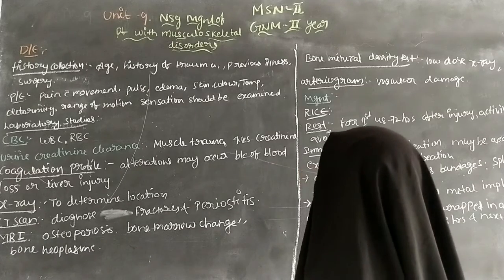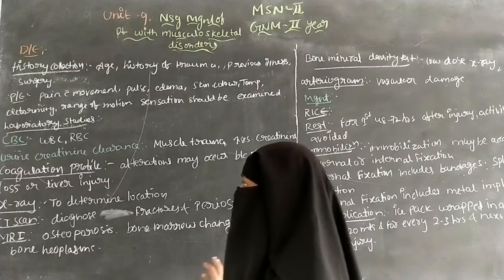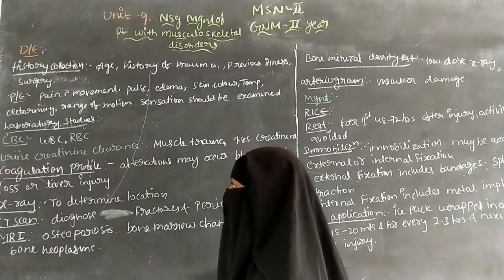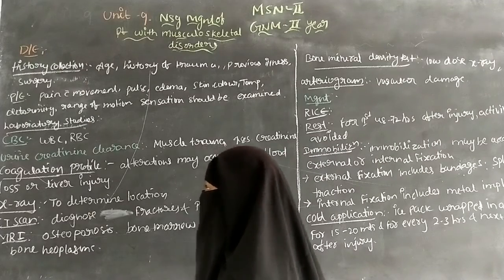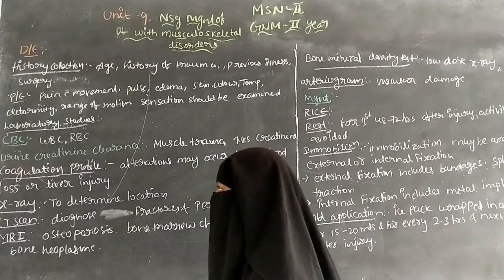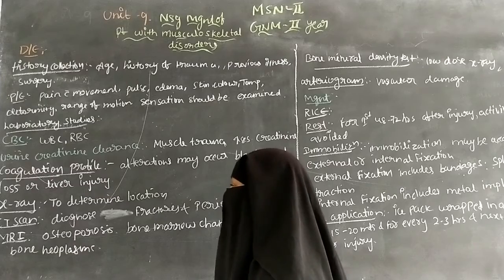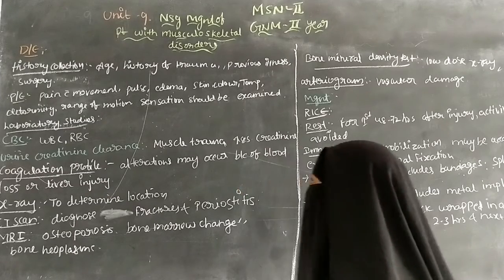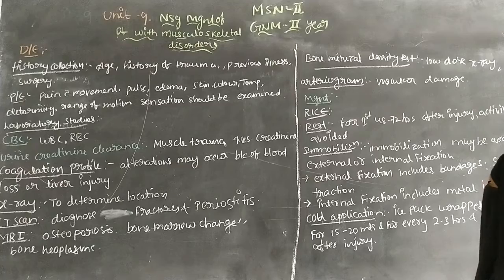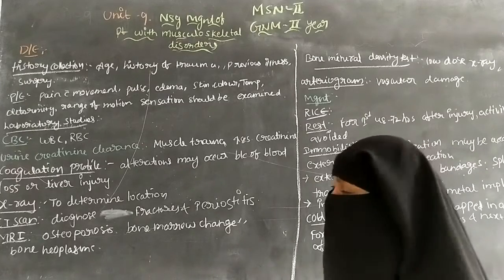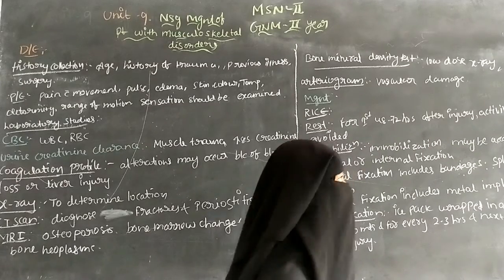So that is about the laboratory tests. The laboratory studies include the CBC, complete blood count, urine creatinine clearance, coagulation profile, X-ray, CT scan and MRI. Next one is the bone mineral density test.